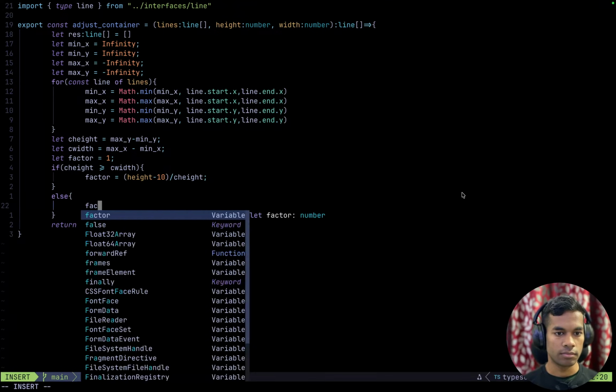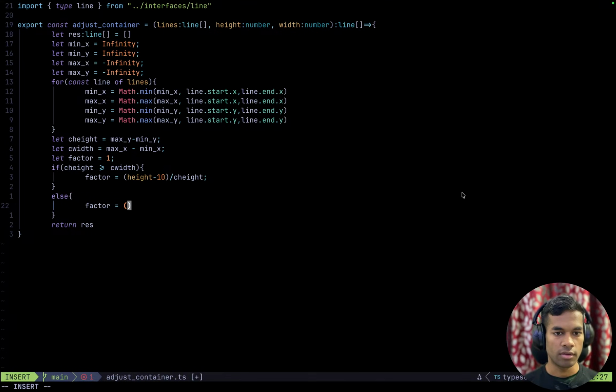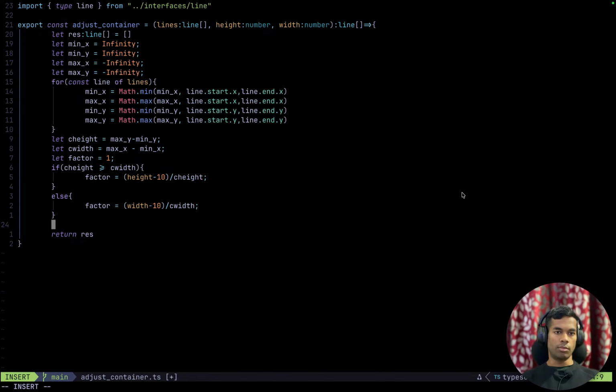Else factor equals width minus 10 divided by the width. And now we have to go through all the lines and change them.